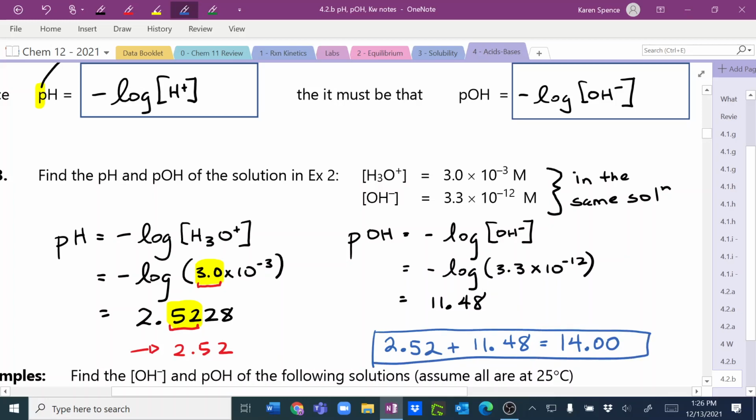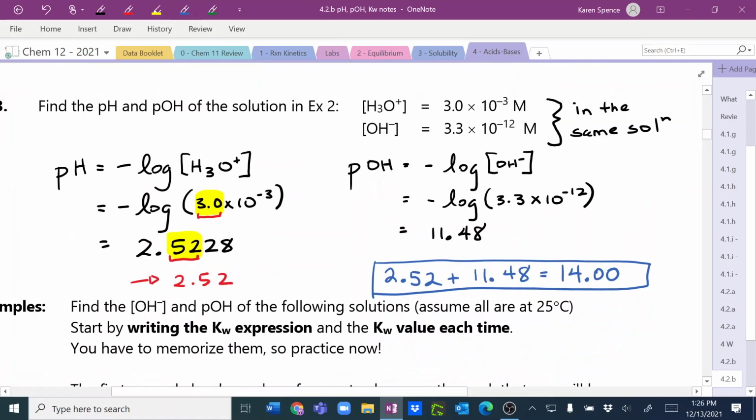So it turns out that as long as you are at 25 degrees Celsius, pH plus pOH gives you 14. And hydroxide ion times hydrogen ion gives you 1 times 10 to the negative 14. Yes? Okay.